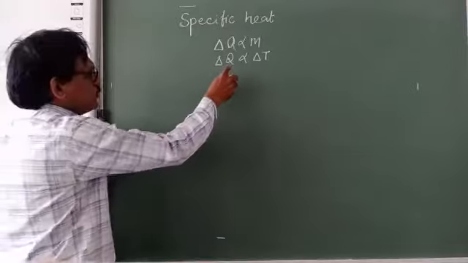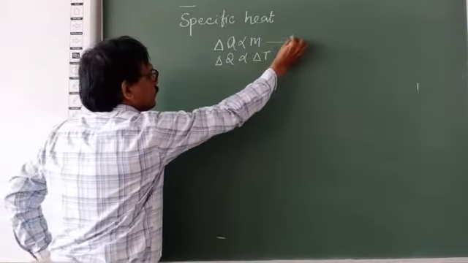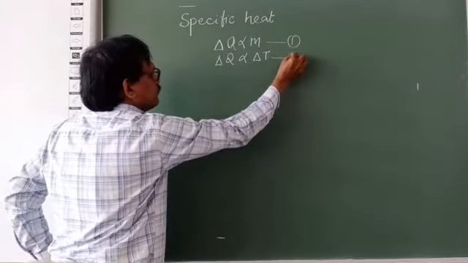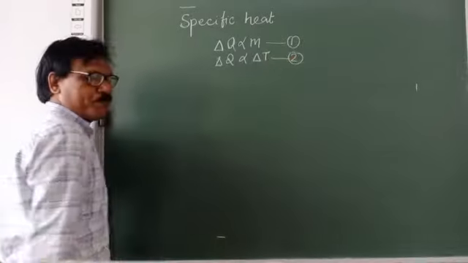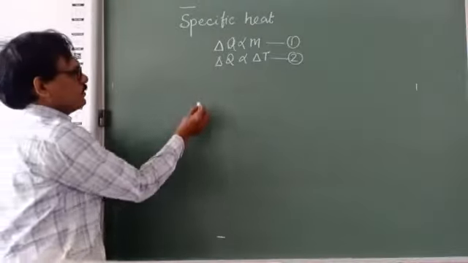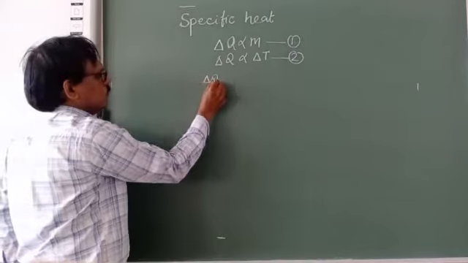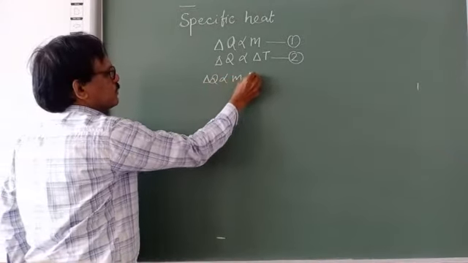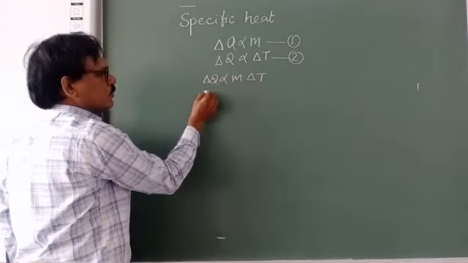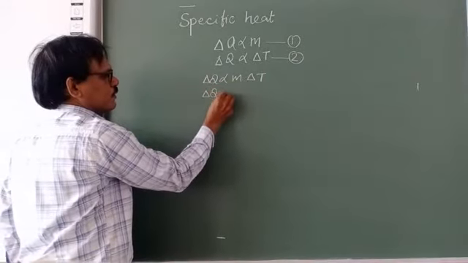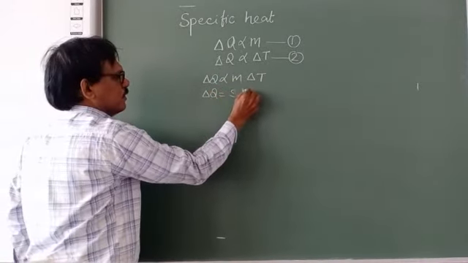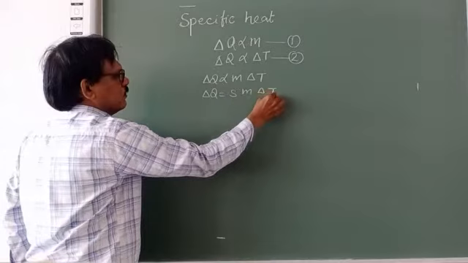This is equation 1, this is equation 2. Combined, we can write delta Q is directly proportional to M into delta T. To remove this proportionality sign, delta Q equal to S M delta T.